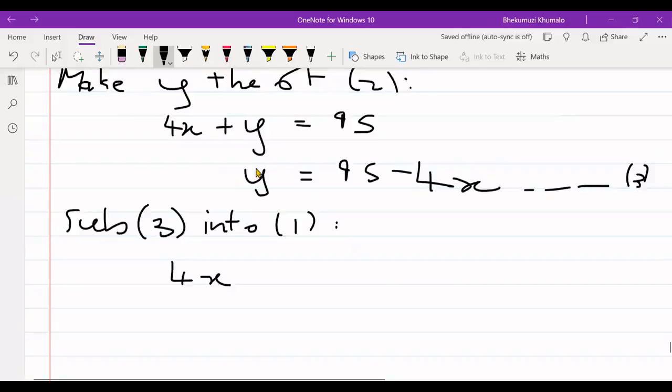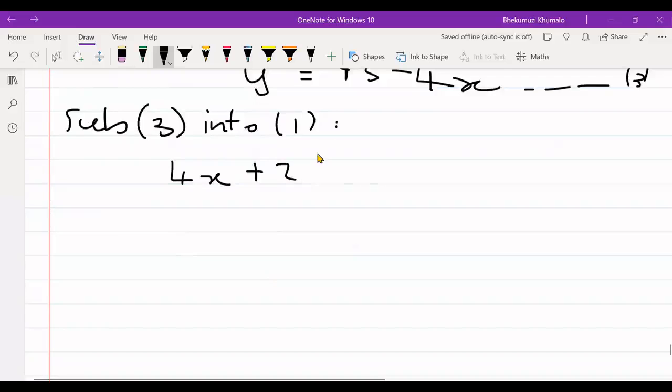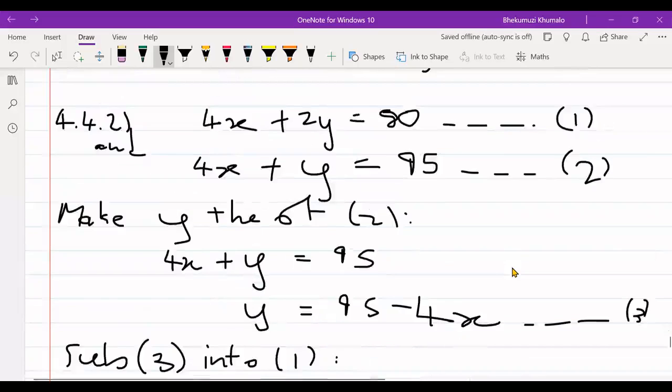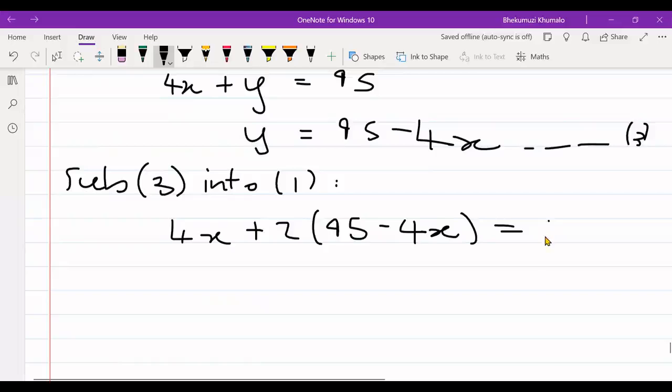And so when we sub 3 into 1, we have here 4x plus 2 times 95 minus 4x, that is equals to 80. So now we just have to simplify. So when we're simplifying, 2 times 95 would definitely be 190, right?